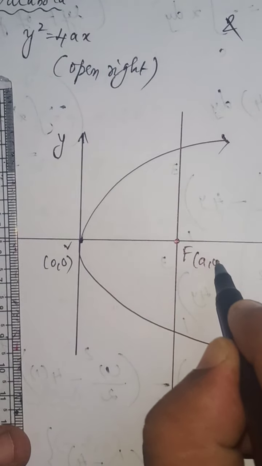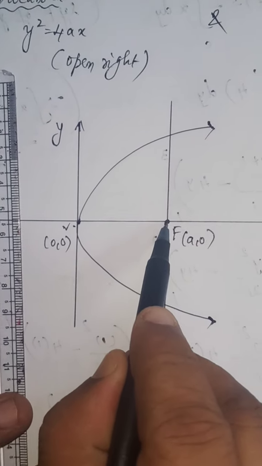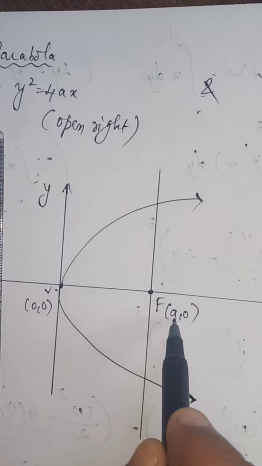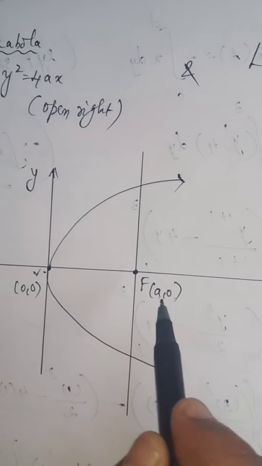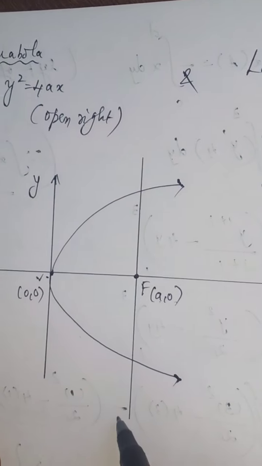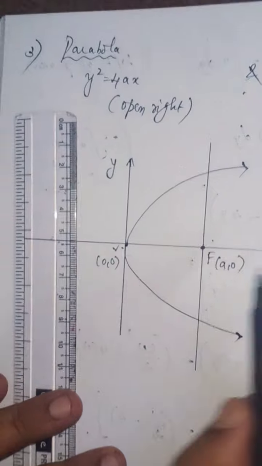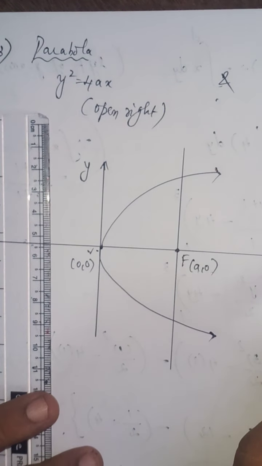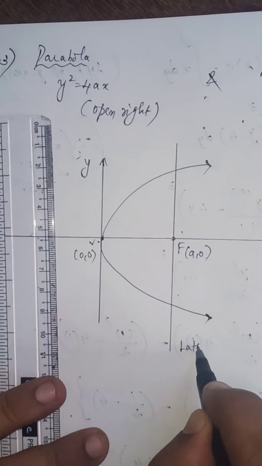Focus point you know very well, that is a, 0. Vertex to focus distance is a units, so the point is a, 0. I have learnt this in 11th standard itself. This line is passing through what axis? X axis. X axis is the axis of the parabola. This line is called latus rectum.